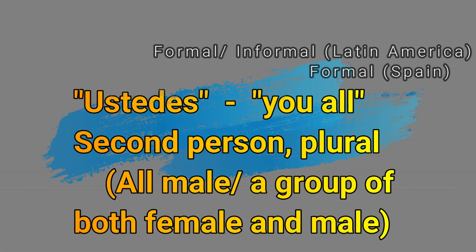Now we have ustedes. Ustedes can be formal or informal. So in the case of Latin America, it can be used in both senses, formal or informal. But in Spain, it's more formal because they use vosotros, you all, instead of ustedes. And ustedes is second person plural, can be all male or a group of both female and males.